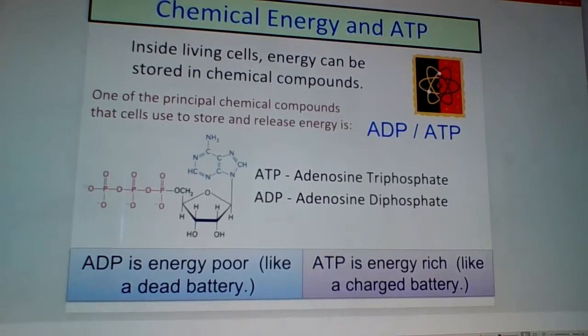ADP is energy poor, but when one more phosphate is attached to the end of the molecule, it's converted into ATP. So ADP has two phosphates. You attach another phosphate group, and you get an energy-rich source like a charged battery.